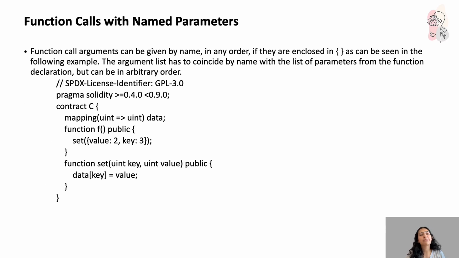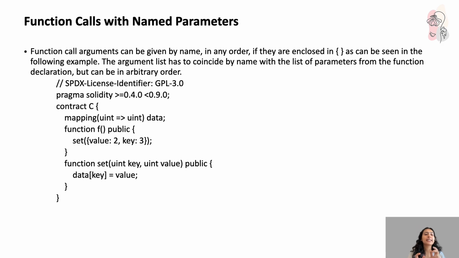Function calls with named parameters. Now, if you see this, SPDX is my first line, and in the sixth line you want to call the function set, but you have explicitly given the value to key 3. Why? Because in the function declaration of set, key is defined before value.